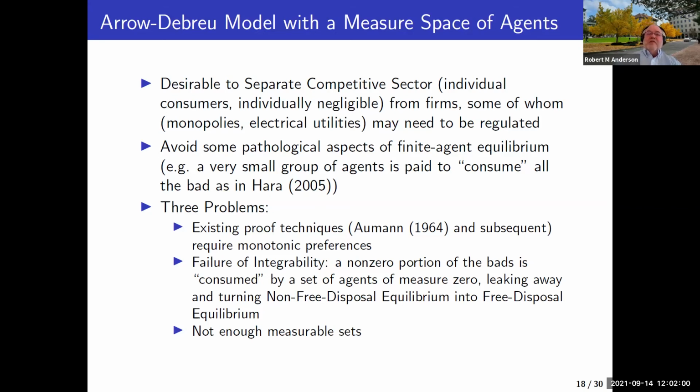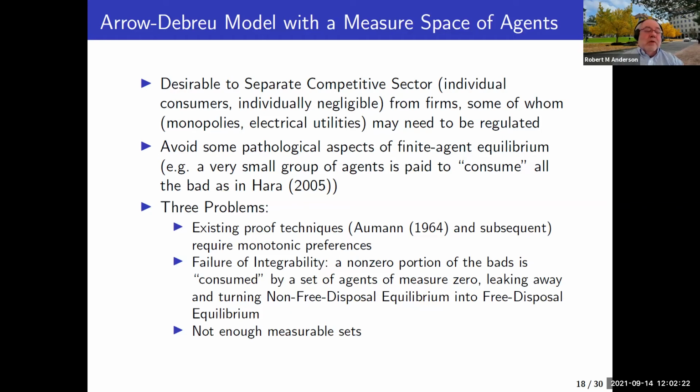It's also desirable to separate the competitive sector, where individual consumers who are individually negligible can affect prices, from firms, some of whom may need to be regulated because they're monopolies, because they have pricing power, because they emit pollution.